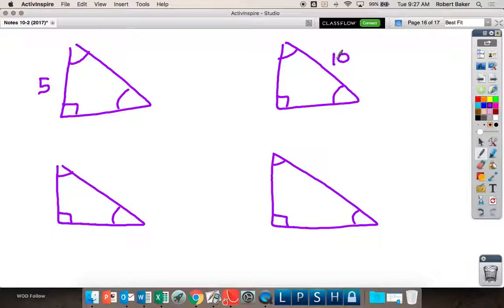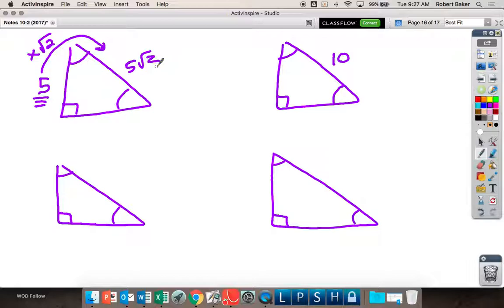So, if this is a 5, how do I get here? Multiply by the square root of 2. So what is 5 times the square root of 2? Okay.